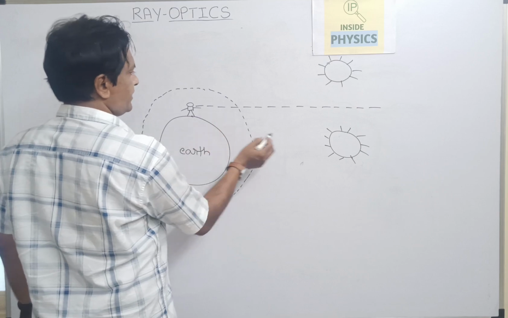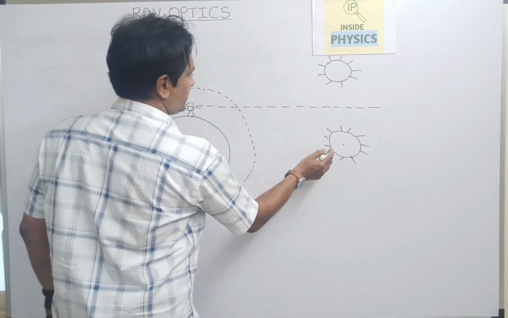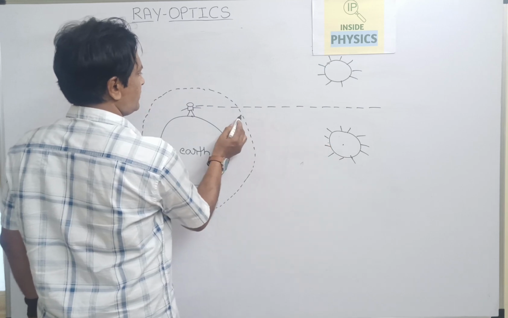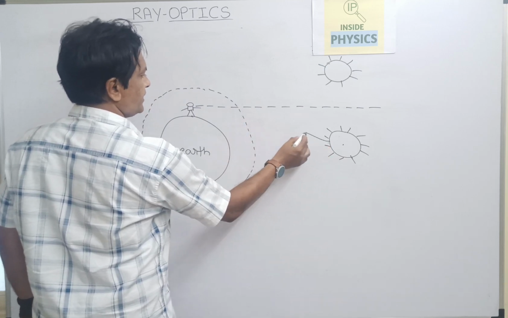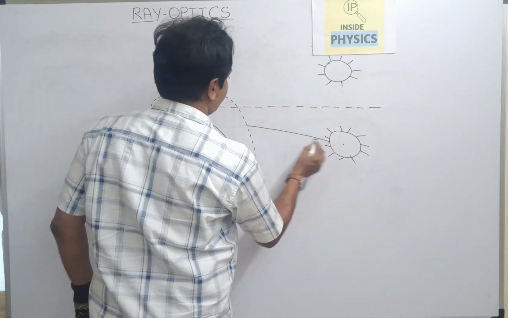See, the light coming from the sun's actual position falls onto these atmospheric layers.